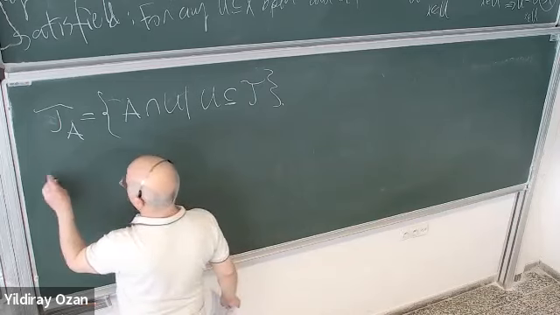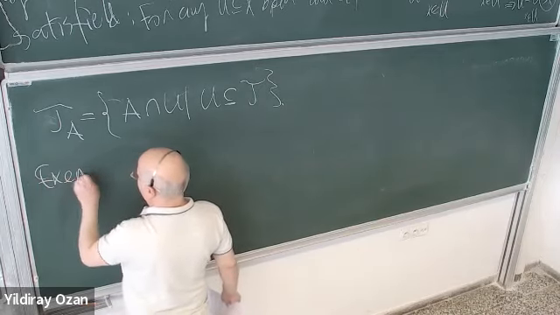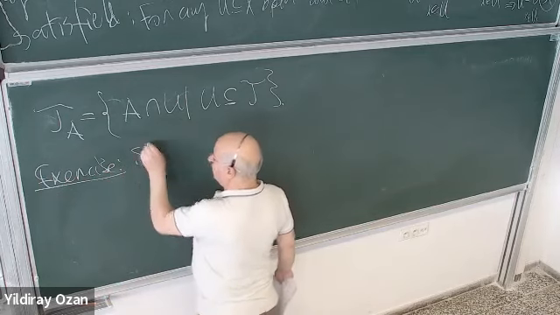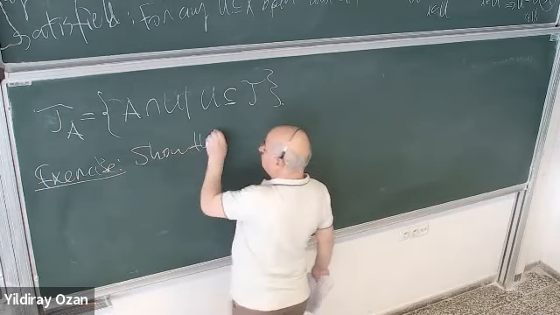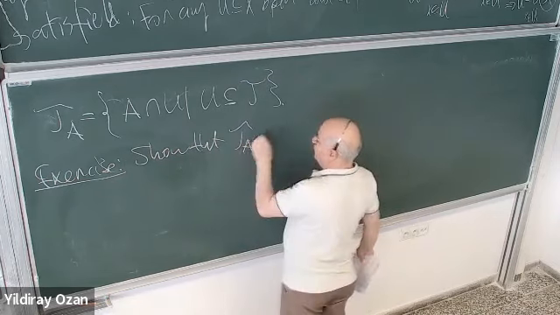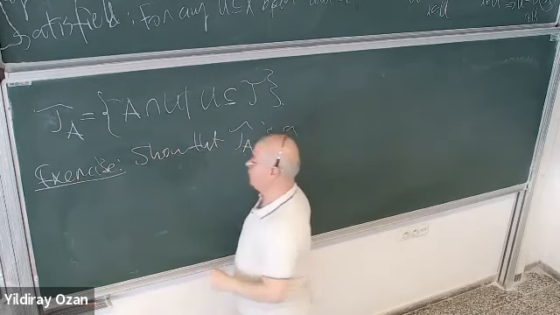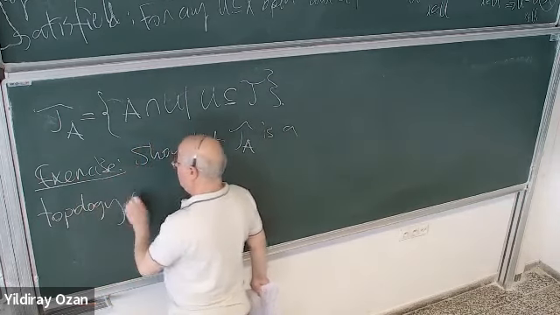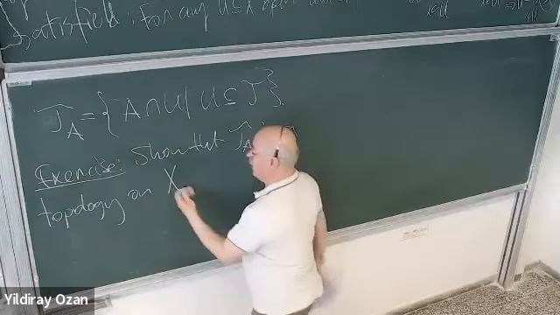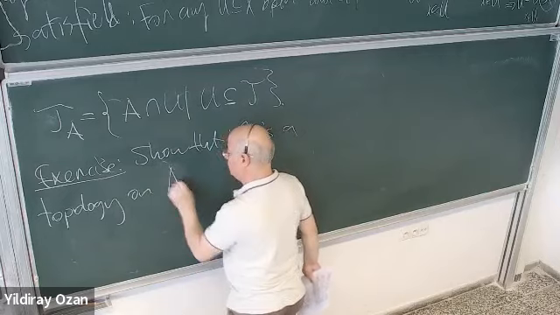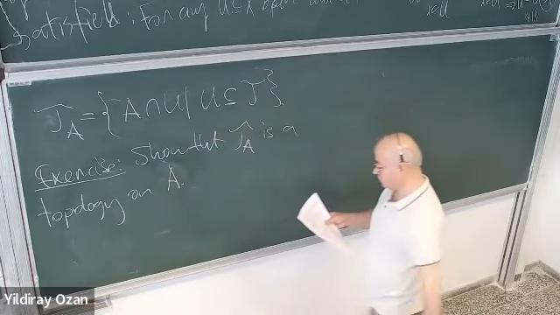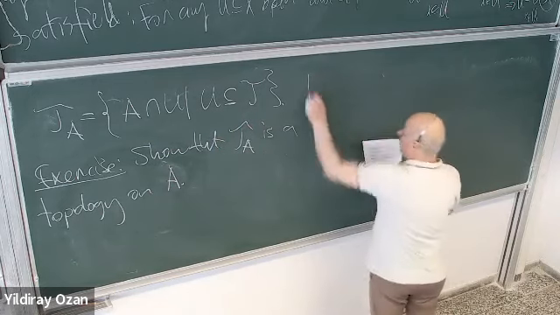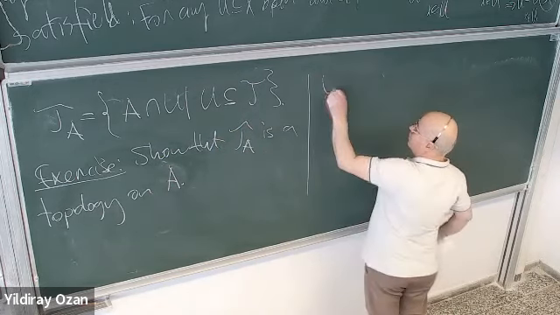Of course, one has to show that this is a topology. So let me just leave it as an exercise. Show that this thing is a topology on A. Okay. Example.